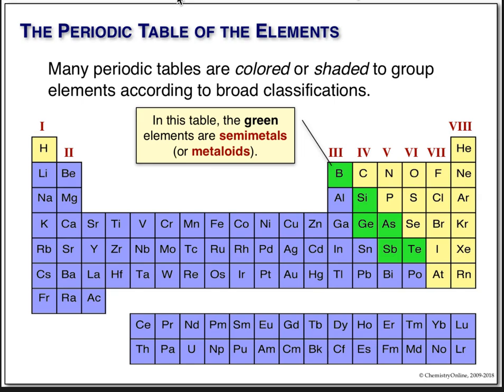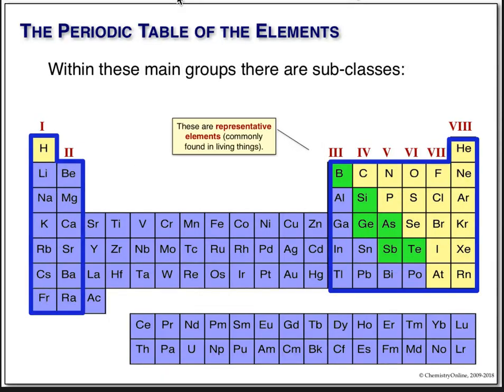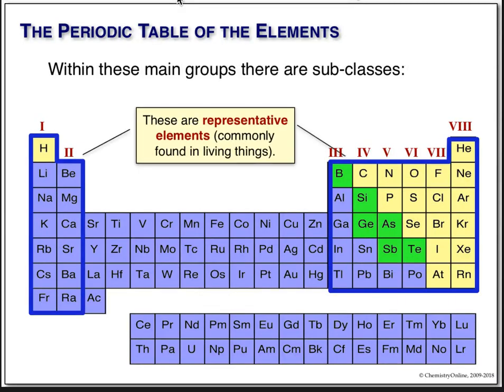Now, as we look at this table, these guys that we've put in our main groups here are referred to as the representative elements. It's old nomenclature. I will never call them that, but you could read it in lots of places. Originally, the representative elements were the things that were typically found in living things.